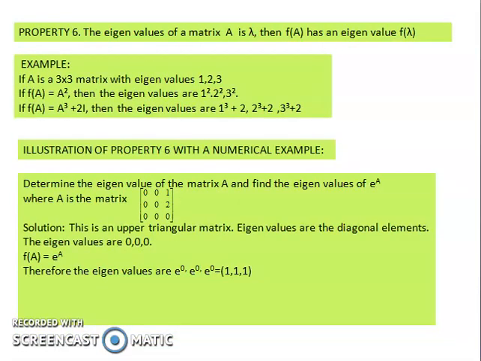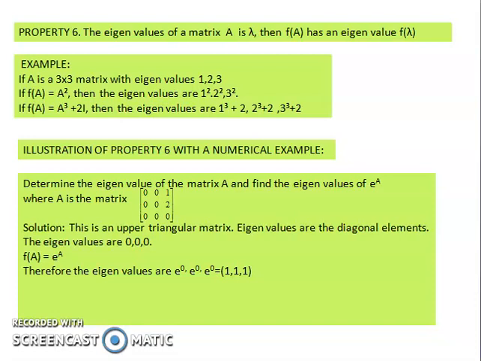So the eigenvalues of a triangular matrix are the diagonal elements. Now one of the most important properties: if the eigenvalue of a matrix A is lambda and you perform any operation on the matrix A, the same operation also has to be performed on the eigenvalue lambda. Say A is a 3 cross 3 matrix with the eigenvalues 1, 2 and 3.